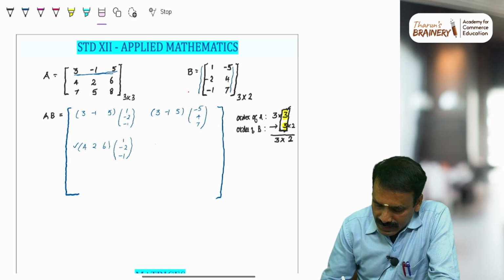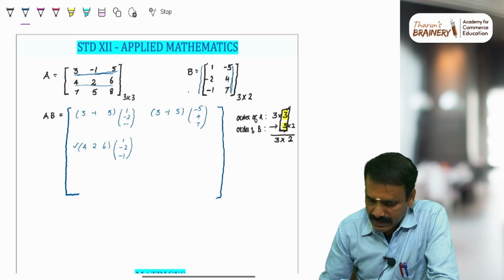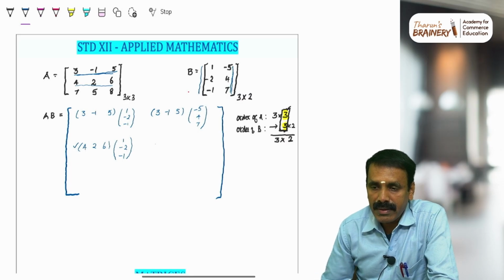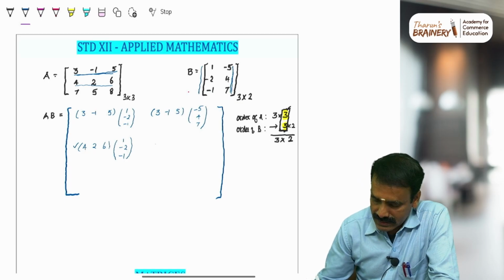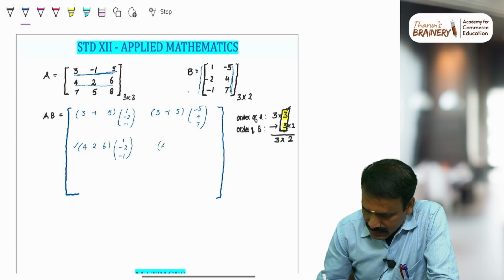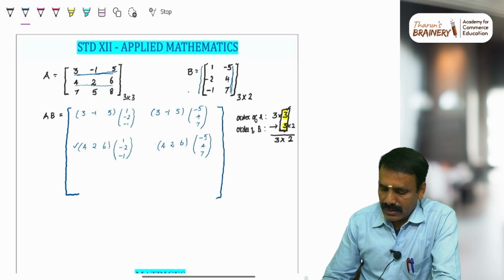We have to multiply the second row of the first matrix with the second column of the second matrix. So what I will get in that case? 4, 2, 6 multiplied with minus 5, 4, 7. Row elements should be multiplied with column elements. Is it clear?